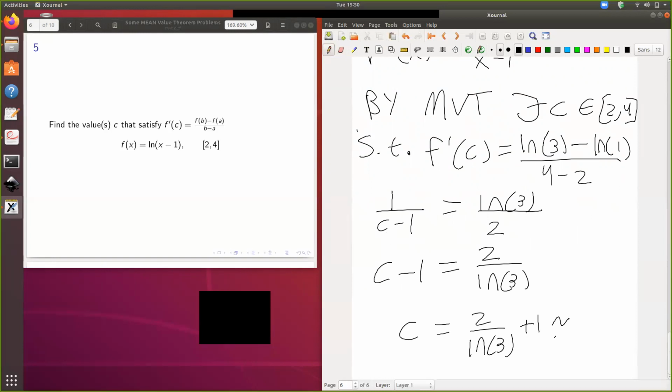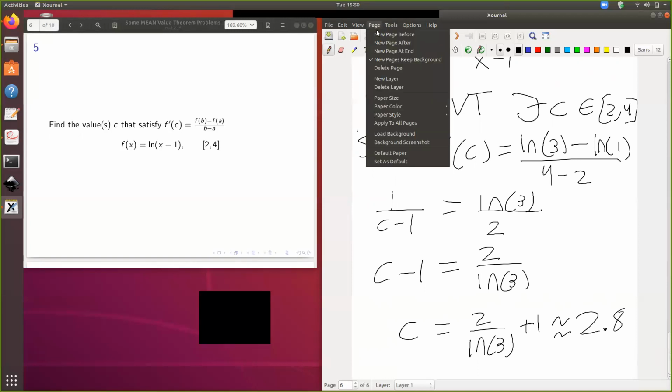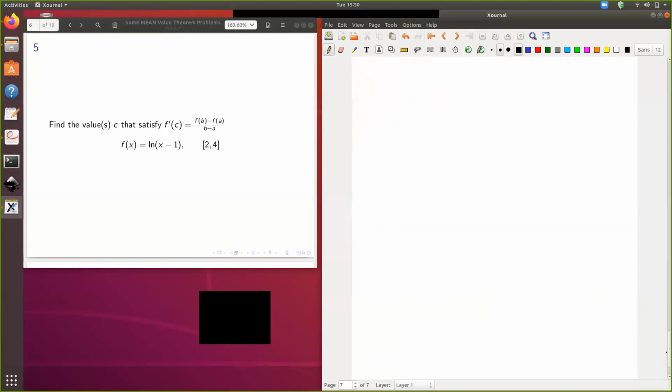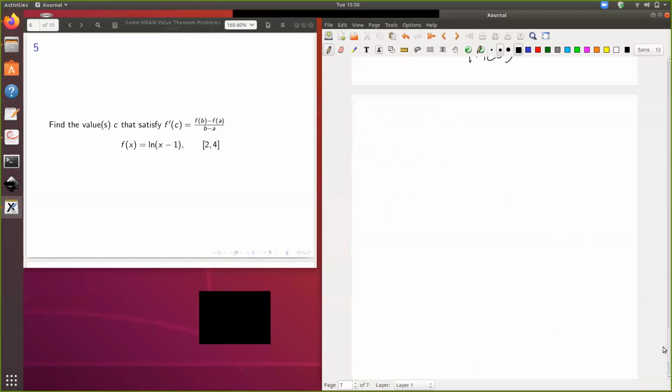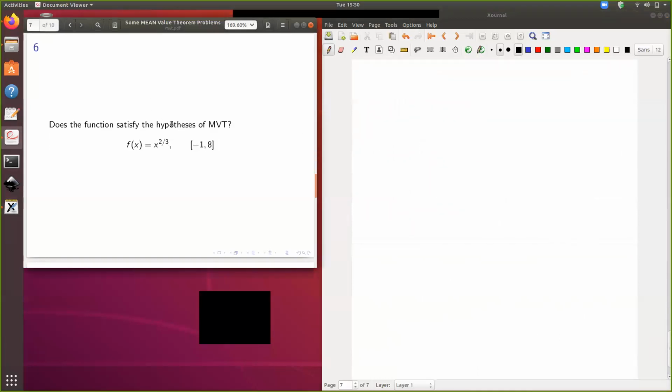Now, that's kind of a mean value to plug in, but fear not. I have plugged it in for you, for I am a merciful TA. This is 2.8. Quick note, 2.8, clearly in our interval from 2 to 4. So, nice stuff.